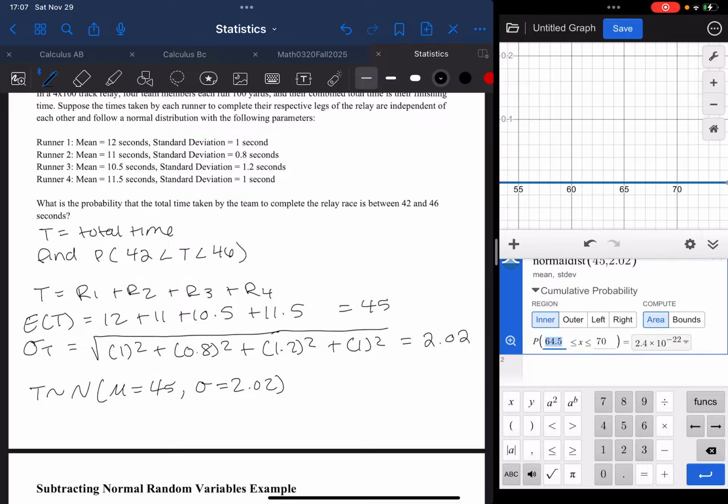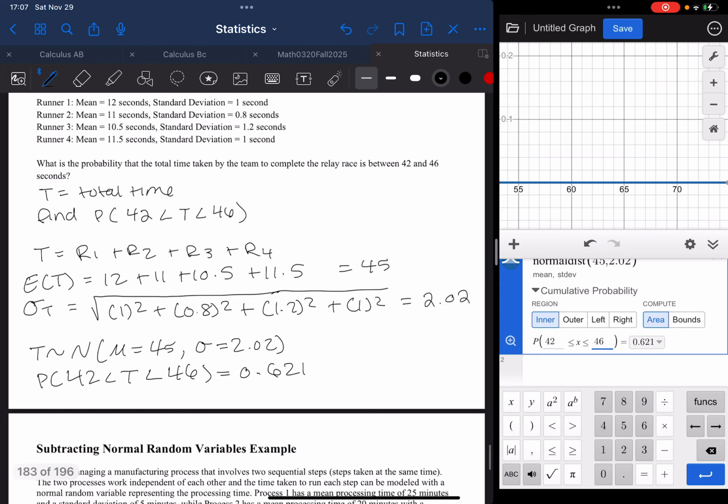Okay, and then in order to find that probability, I'm going to go to enter and change my numbers to 42 and then 46. And I get that the probability of total time between 42 and 46 is equal to 0.621.